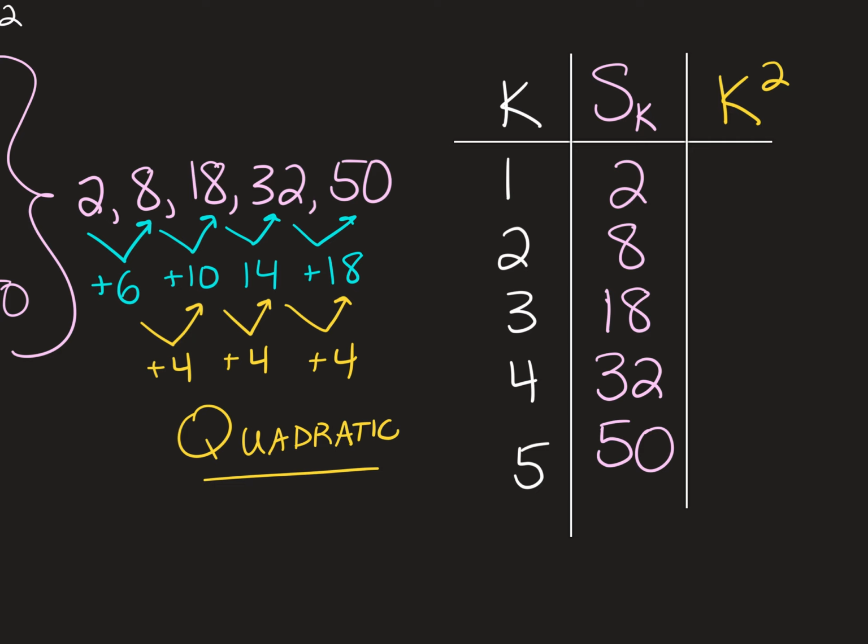So in this K squared column, I'm just going to square K and write what that is. So 1 squared just gives me 1. 2 squared gives me 4. 3 squared gives me 9. And I could keep doing that until I list those K squared values.